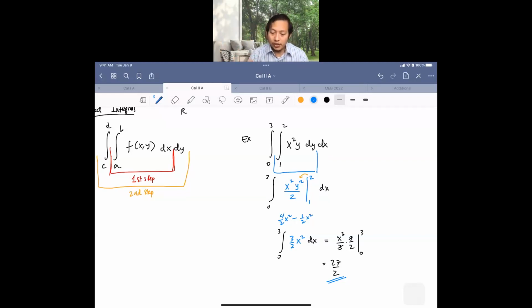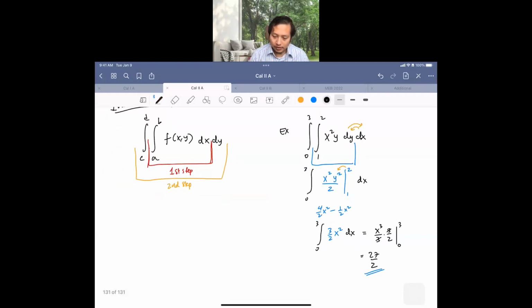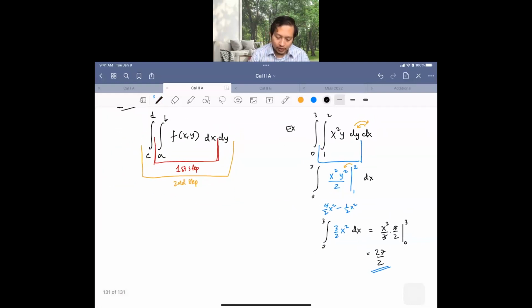What if we exchange the dy and dx? If we exchange the integral endpoints, because it's a constant, we can exchange, so this is 1, 2, 0, 3, x squared y, and then dx dy.